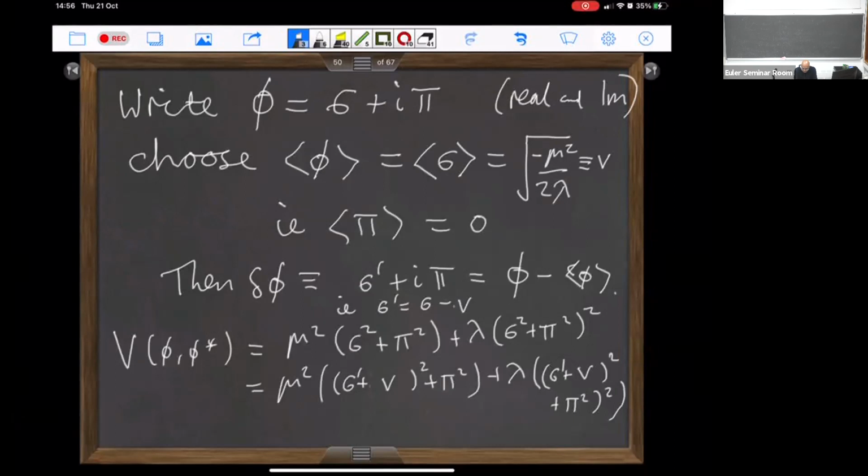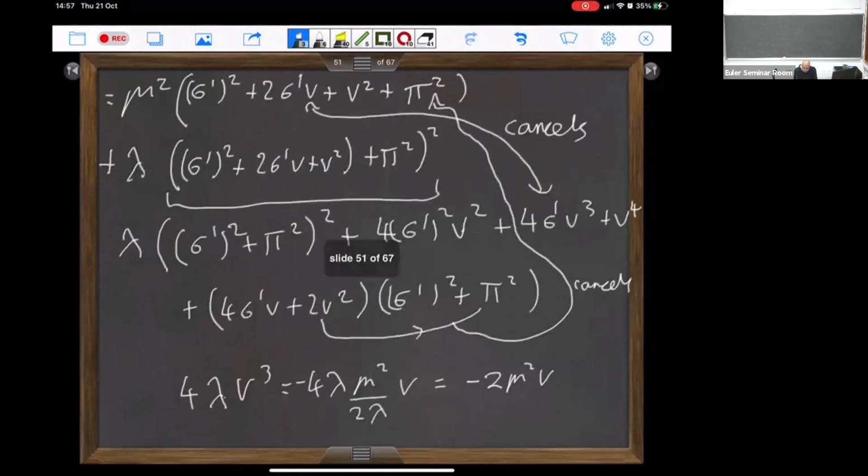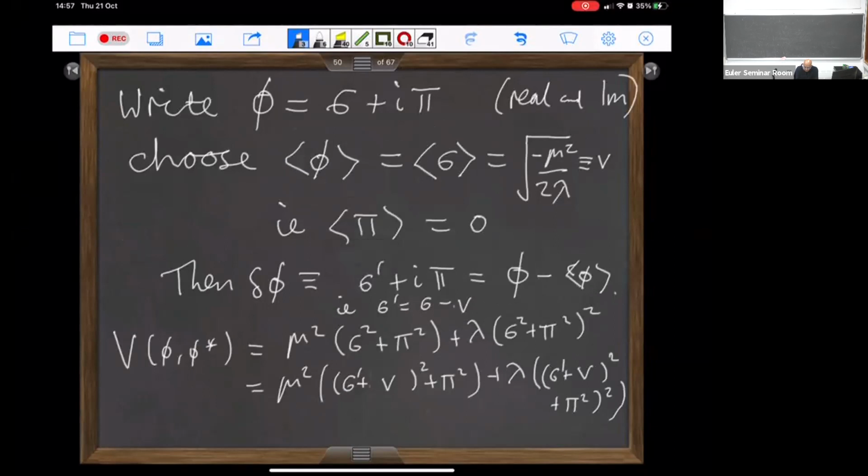So at the bottom, we've just substituted the expression into the potential. And now we expand it. What we want to do is expand everything out. So we expand this out, and we expand out this square of sum of squares.